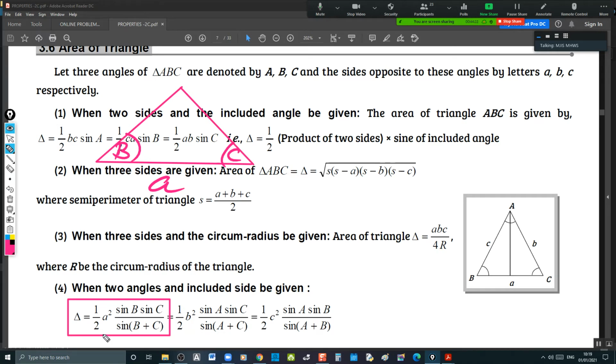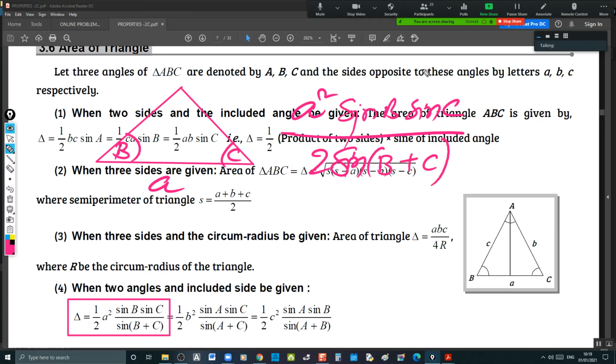A square sine B sine C, included angles, whole divided by 2 sine of B plus C. It is derived from this only. We can do that. Do you know this formula? Respond, please. No. So make a note of it.